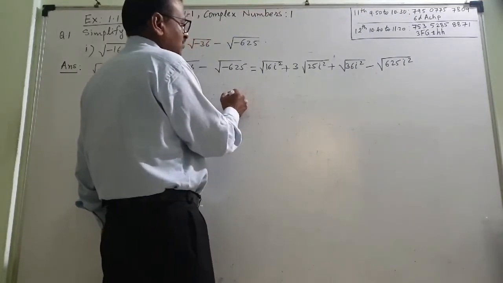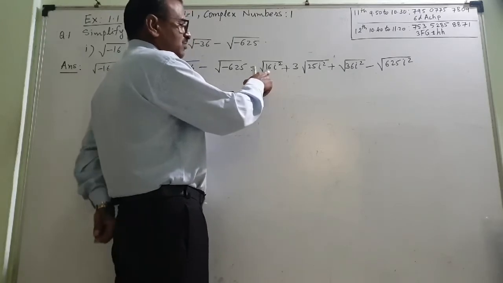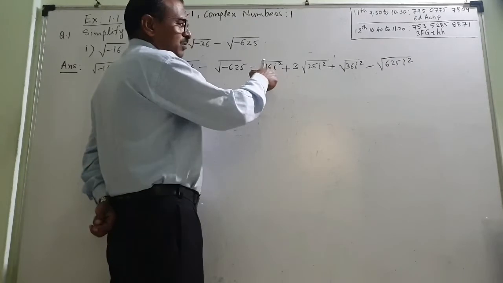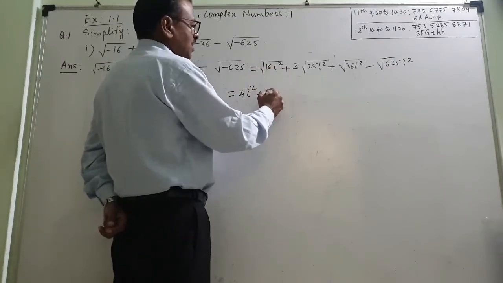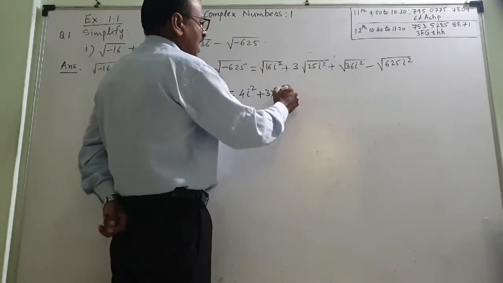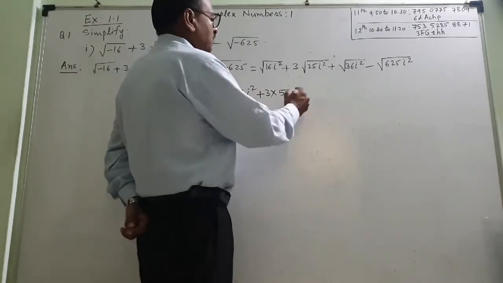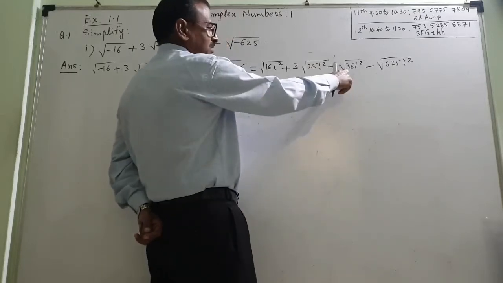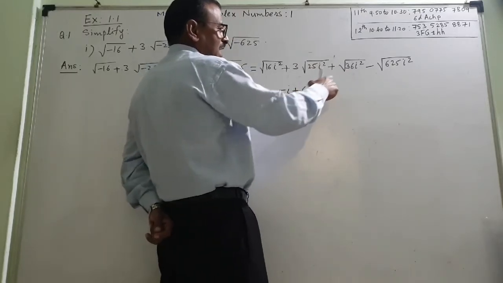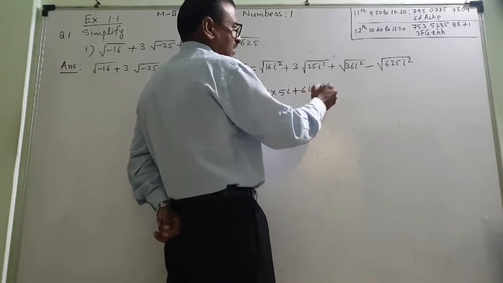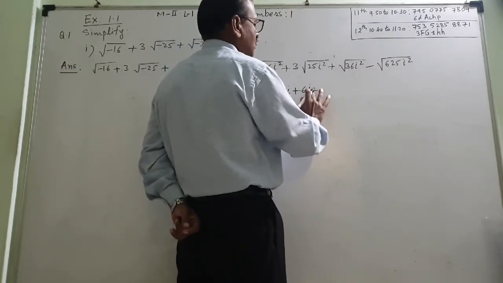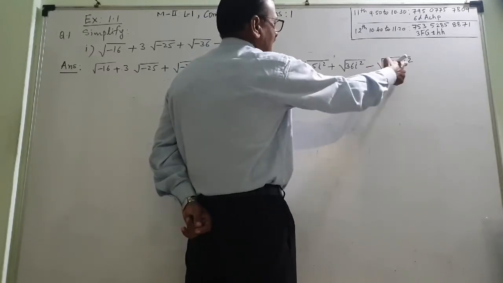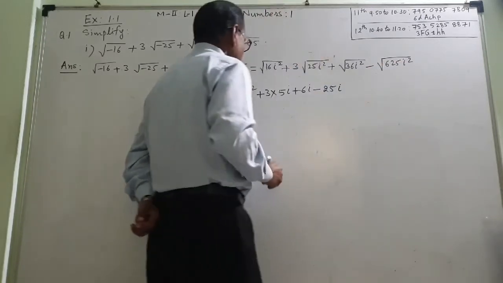So this is equal to, now this is the square of 4, this is the square of i, so 4i would be the square root of this. Plus 3 into 5i, plus 6 into i, since 36 is the square of 6 and i square is the square of i, minus 25i, the square of 625.